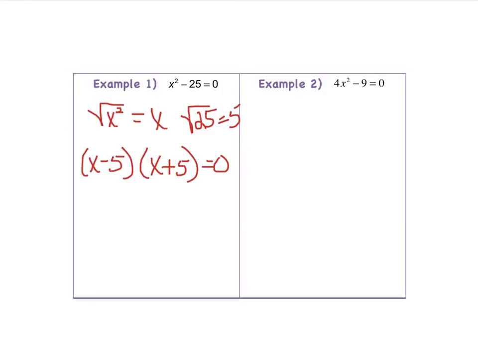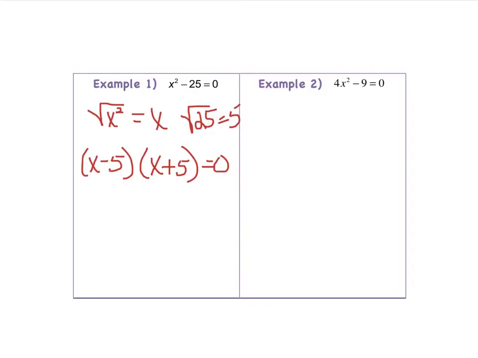The reason is that when you multiply your factors, such as in FOIL, the first terms, x times x, give x squared. And the last terms, negative 5 times positive 5, give negative 25. See how there's a minus 25 here?